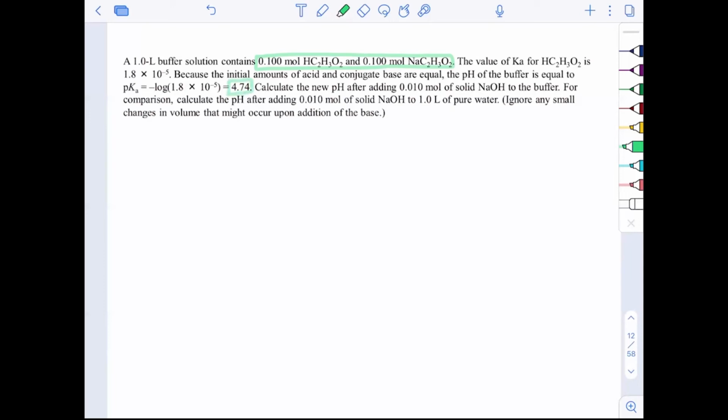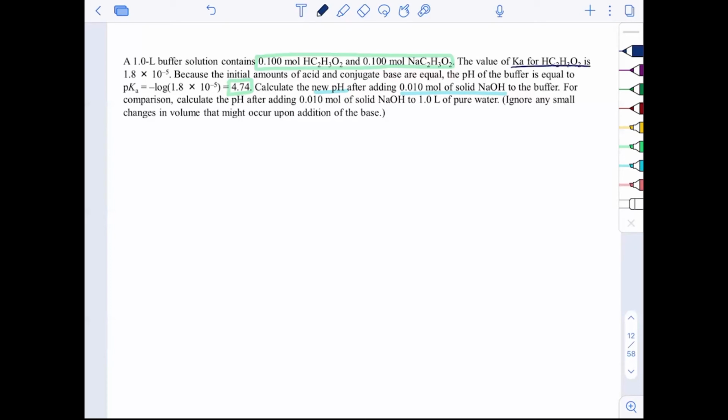All right. We want to calculate the new pH after adding 0.01 moles of solid sodium hydroxide to the buffer. Now, calculate the pH after the addition of sodium hydroxide to the solution, and we're going to ignore any small changes of the volume, all right? So when we make our ICE table, again, what reaction are we starting with?